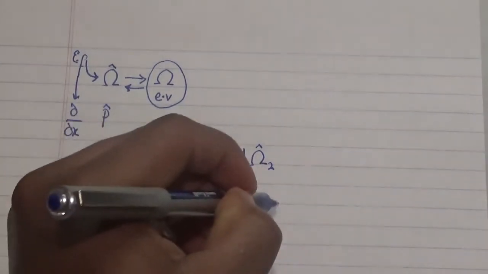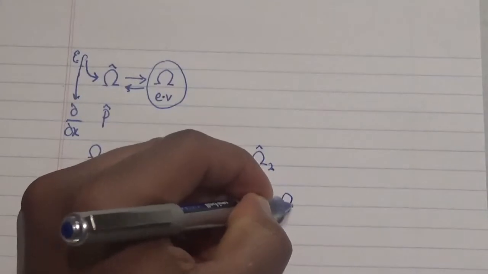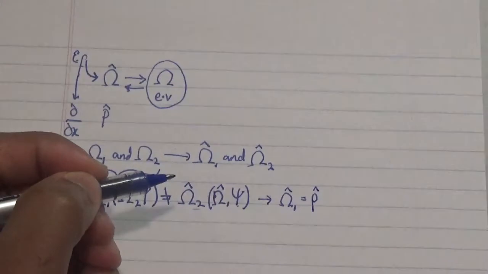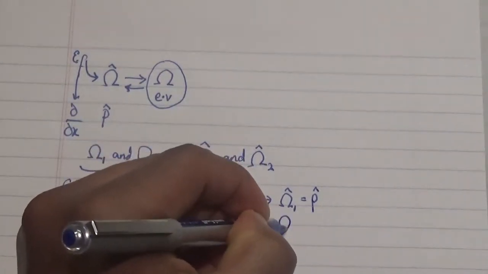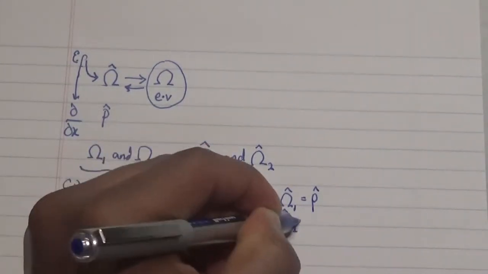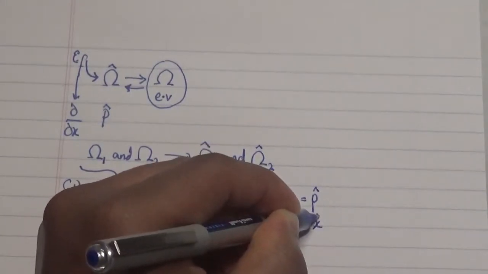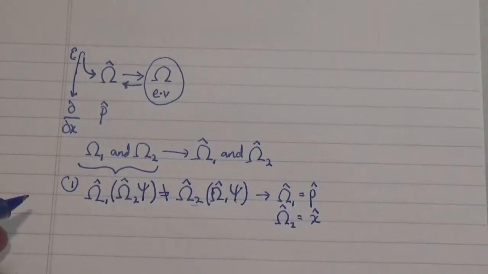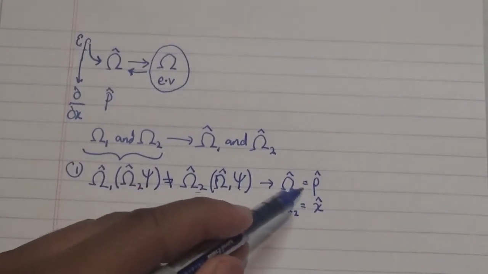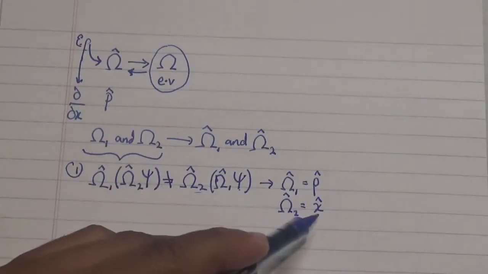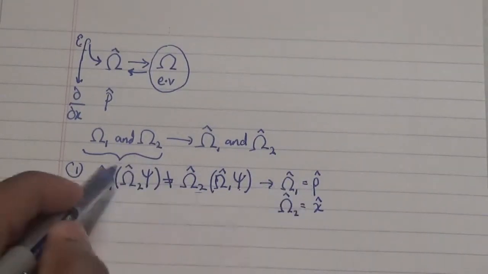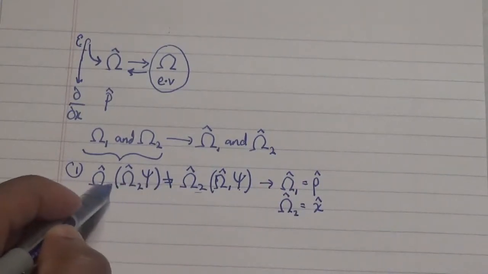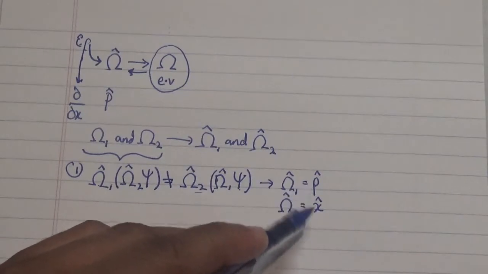Let's say, for example, you have your omega 1 to be your momentum operator, and on the other side you have your operator 2, which is equal to your position vector. Now, what you realize is that if you apply the momentum operator and the position vector in different orders, what you get is a completely different result, because they are different.